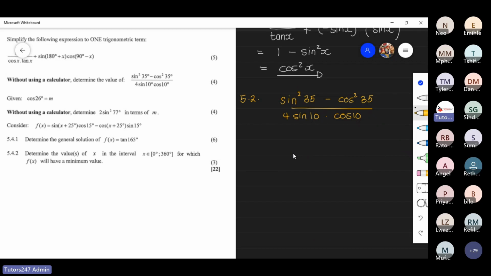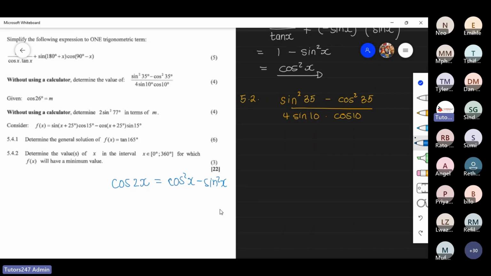On our formula sheet, we have cos of 2x is equal to cos squared x minus sine squared x. But we have it swapped around.